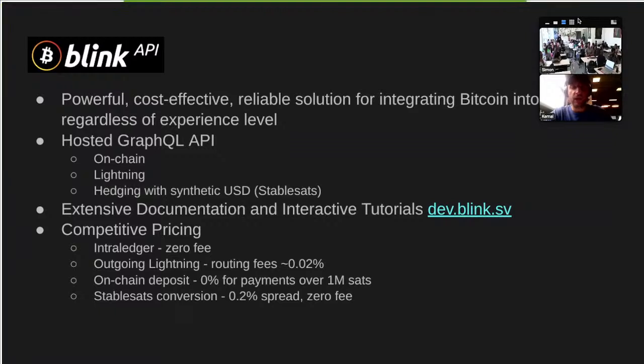In terms of on-chain deposit, there is a deposit fee. However, if you deposit more than 1 million sats, then there is no fee. Below 1 million sats, I think there is a 10,000 sat deposit fee, and it is one revenue source for Blink. But there's also another reason why we need to charge a fee here, and that is not to get spammed by dust UTXOs, which are very costly to handle.